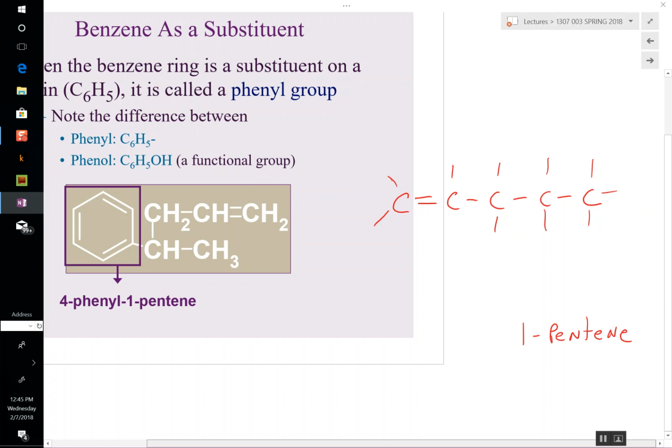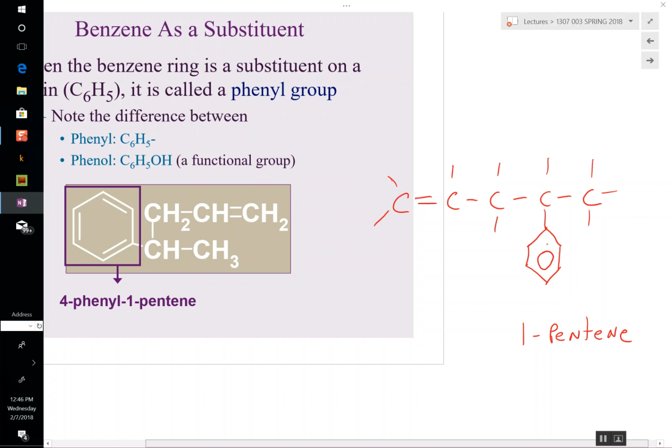But on this 4th carbon, we have a benzene ring attached. There's a hydrogen here, here, here, here, and here. We've replaced this hydrogen. It's now bonded to the carbon on the ring. And it's on the 4th carbon. There's carbon number 1, 2, 3, 4.